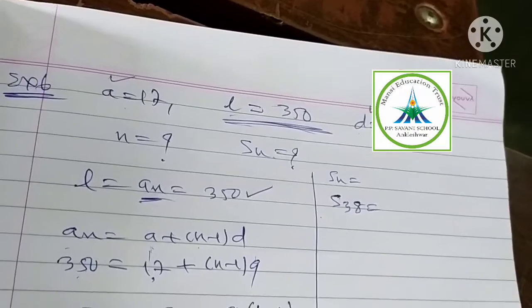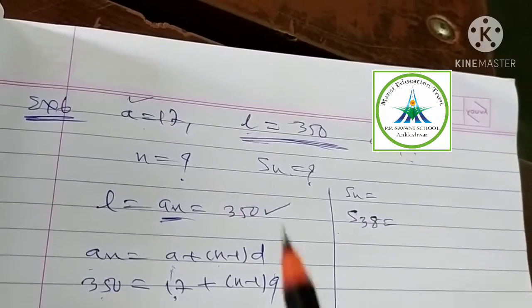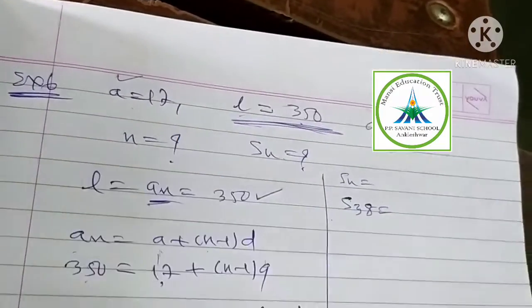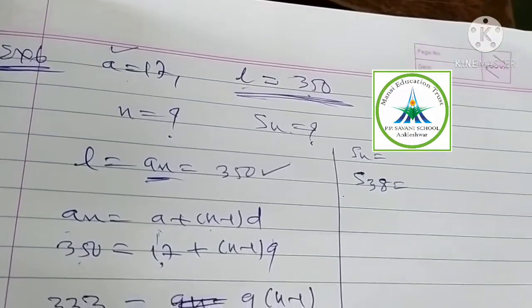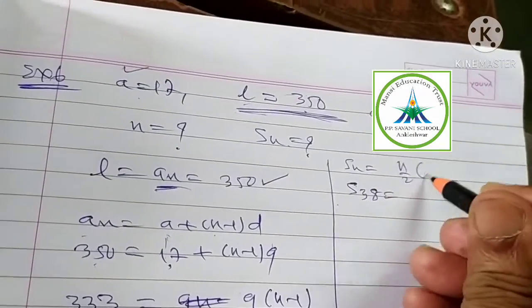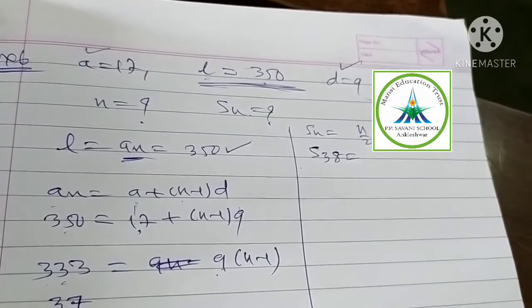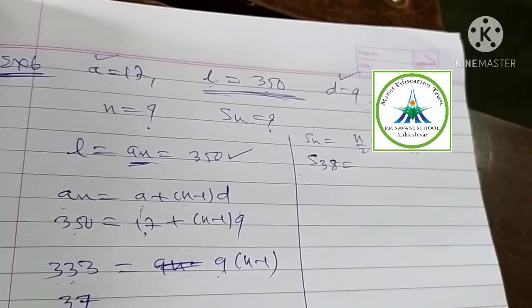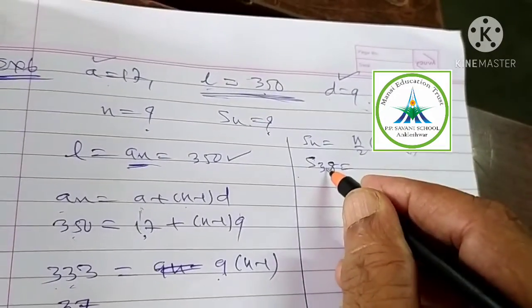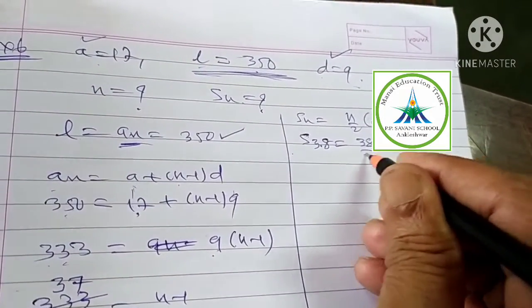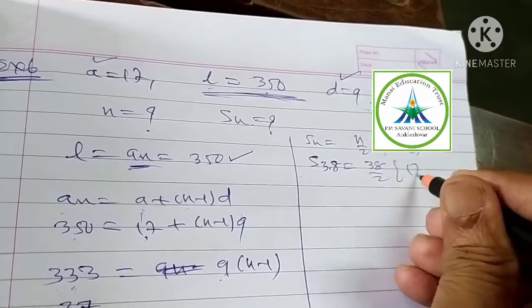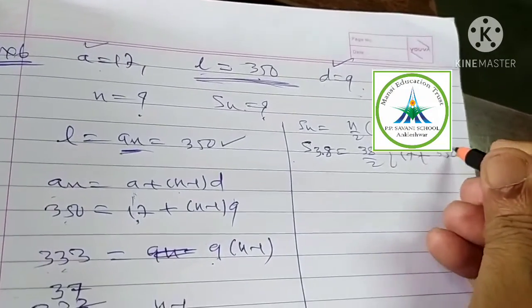Now see, in this example it is made easy. They said this is the last term, first term, and n. So which formula will we use? n upon 2 bracket a plus l. It is totally depending upon the student. Be alert. Okay, so n is 38. 38 upon 2. a is 17, l is 350.